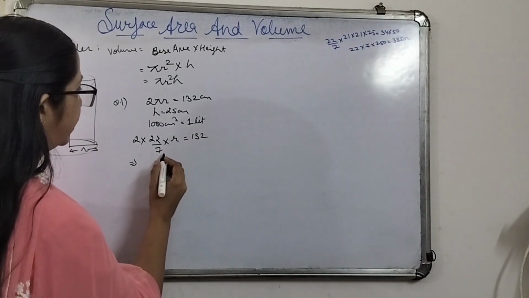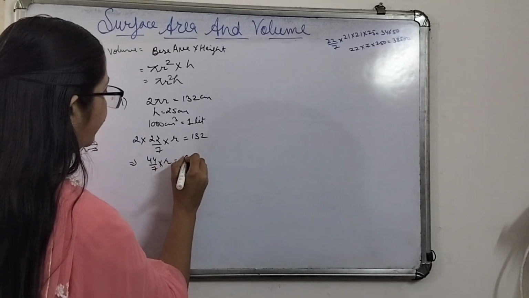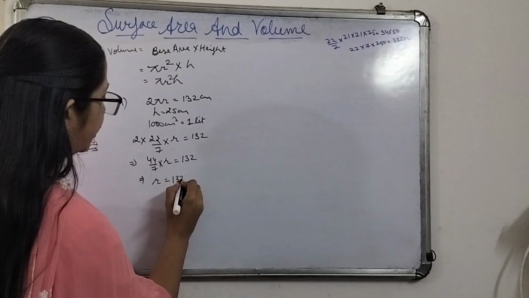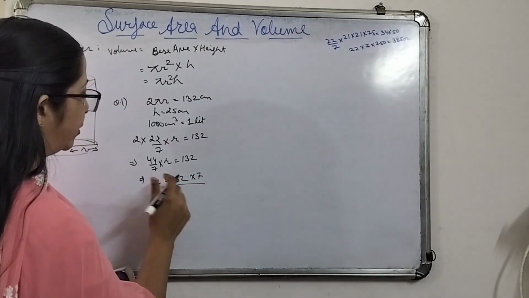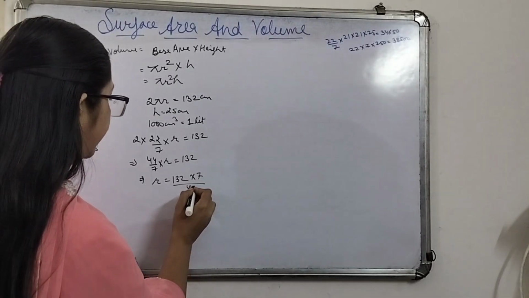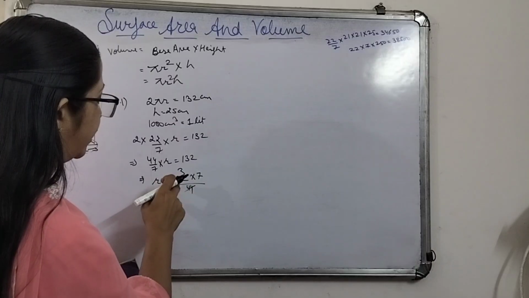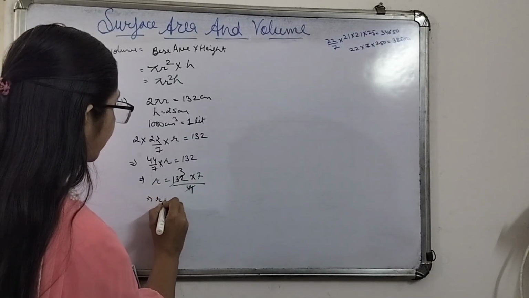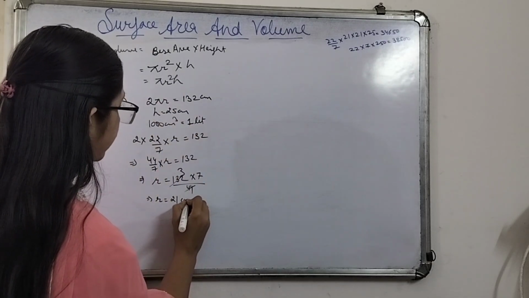It could be written as 44 upon 7 multiplied by r is 132. So r will be 132, this 7 goes in multiplication, and this 44 goes in division. 44 times 3 is 132. So we can say the radius will be 21, 3 7s are 21, and the unit is centimeter.